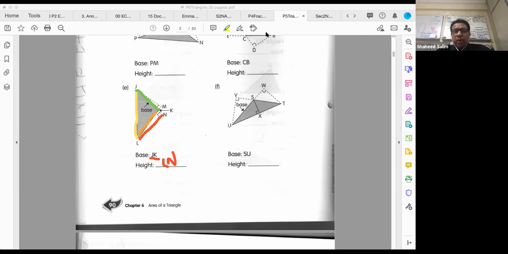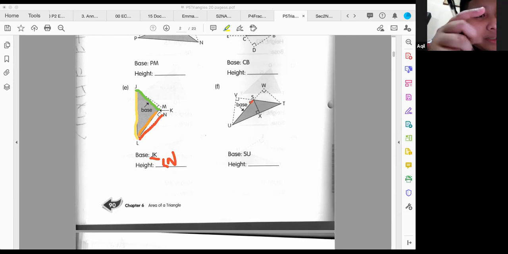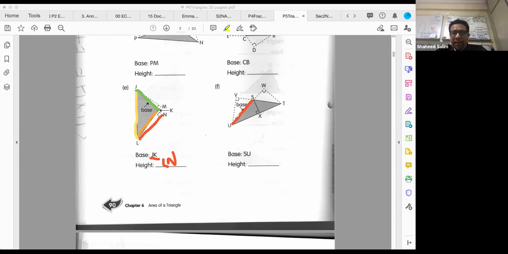Okay. So now we go to the next one. Nayumi. Hold on, Nayumi. Now SU is the base, Nayumi. Down here, there's no triangle. Don't look at this side. Only here now. Okay, you decide, Nayumi. What is the height? Is the green one the height?